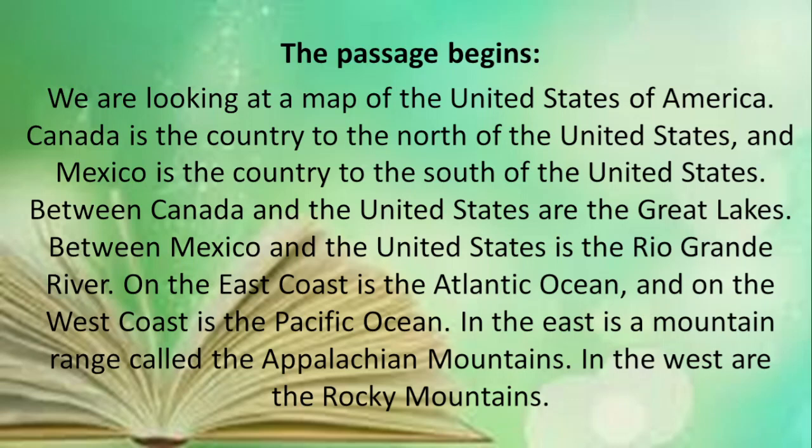Between Canada and the United States are the Great Lakes. Between Mexico and the United States is the Rio Grande River. On the east coast is the Atlantic Ocean, and on the west coast is the Pacific Ocean. In the east is a mountain range called the Appalachian Mountains. In the west are the Rocky Mountains."